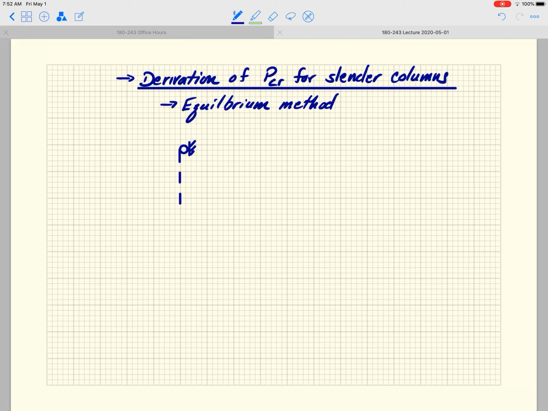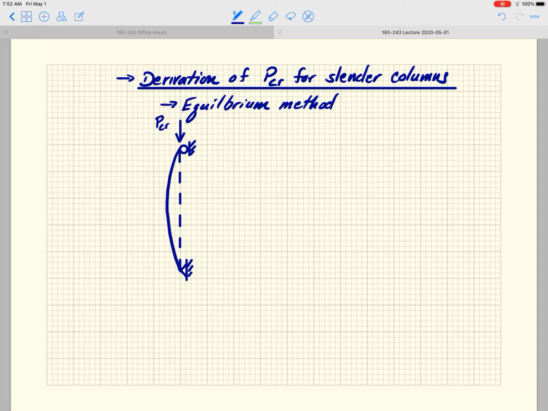This will be an originally straight column that will look like this. And then it buckles, right?